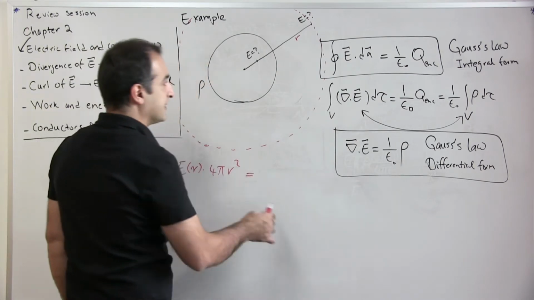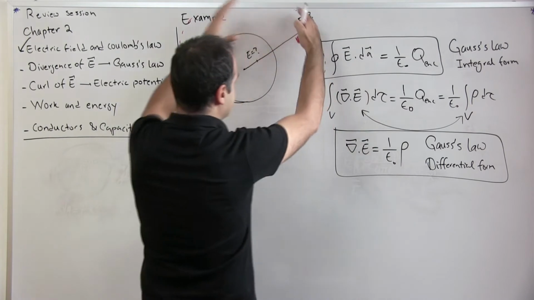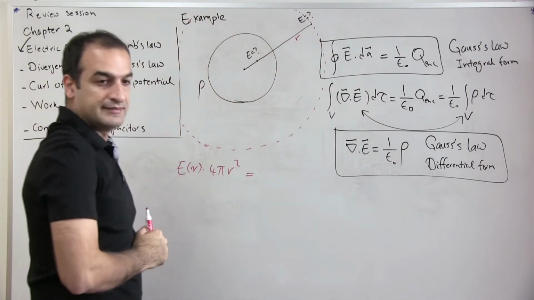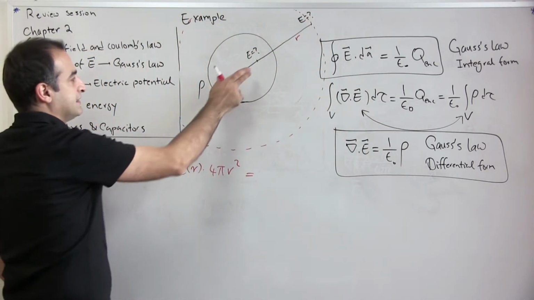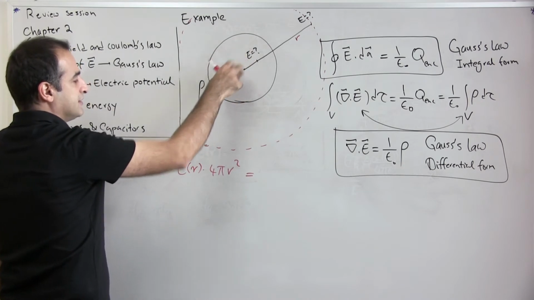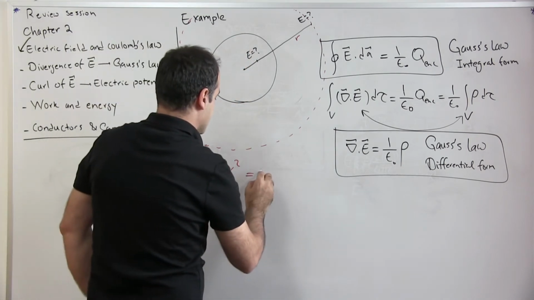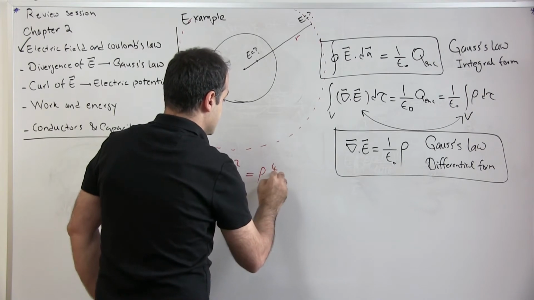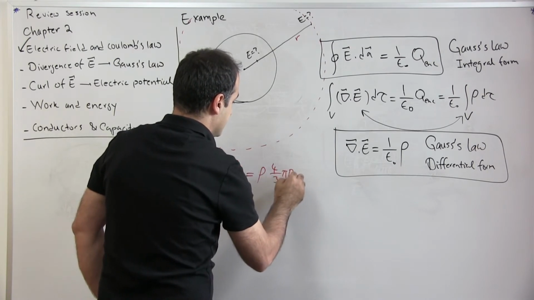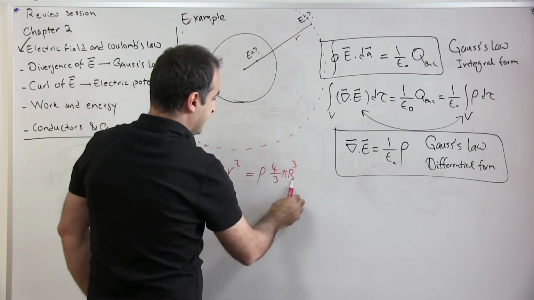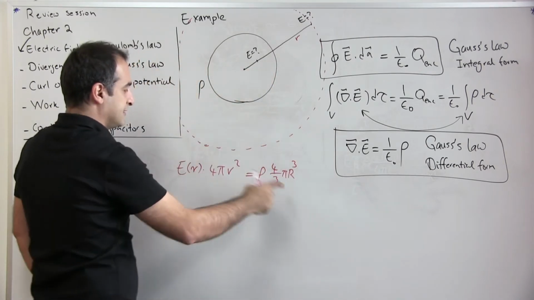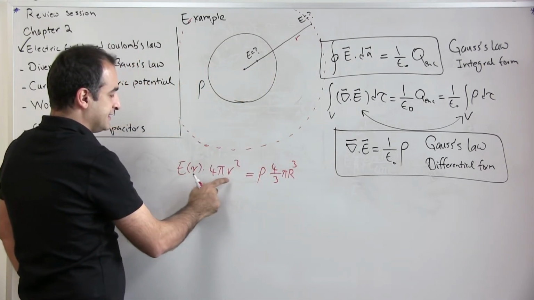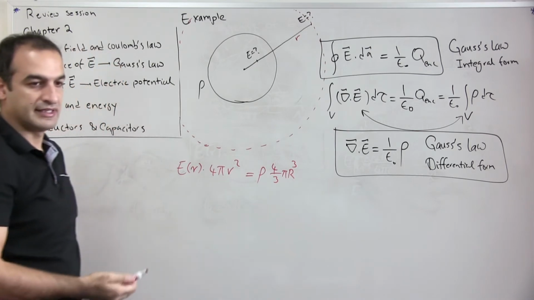And then if you look at the total charge enclosed in this big sphere, what is that amount? That is actually the total charge on the charged sphere, which is rho, the uniform charge density, times the volume, which is 4/3 pi R cubed. The R here is the radius of the solid sphere, and the r there is the distance at which you are calculating the electric field.